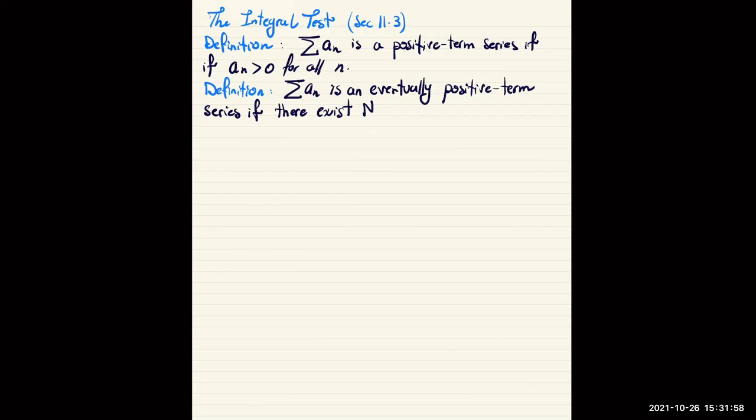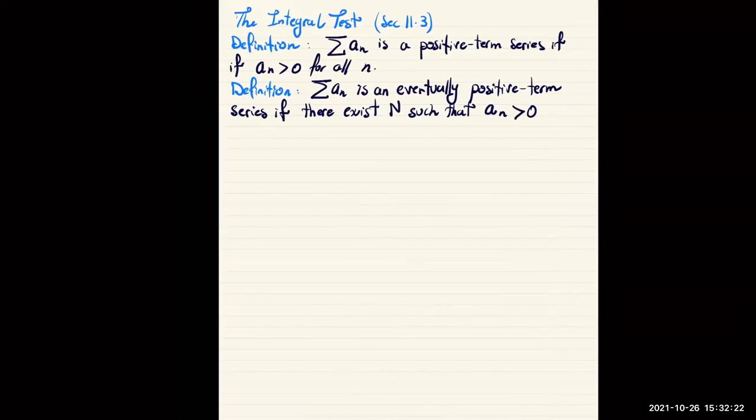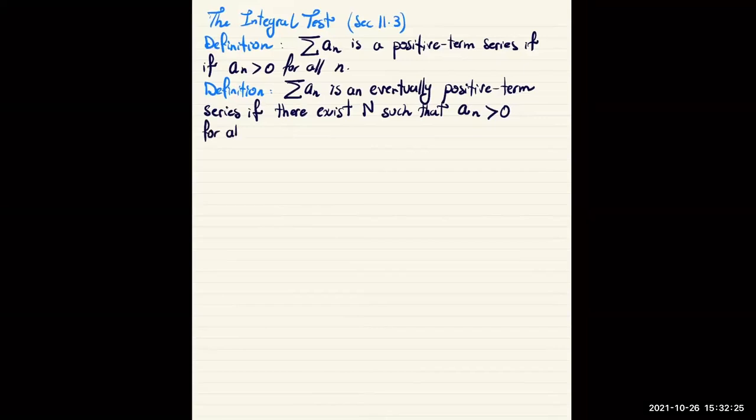It doesn't matter what this N is. But there should be a capital N such that the terms of the series, the nth term a sub n, are positive for all little n greater than or equal to this capital N. So starting with this capital N, every term is positive.